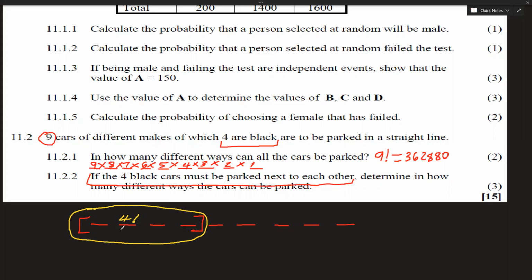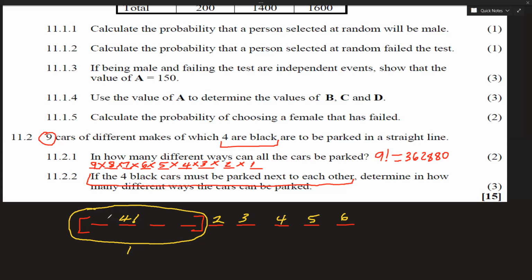Perfect. And then now a group acts as one item of the entire items. So when I count, it's going to be 1, then 2 there, then 3, 4, 5, then 6. So don't forget, a group, you just treat it as one item of the entire items.